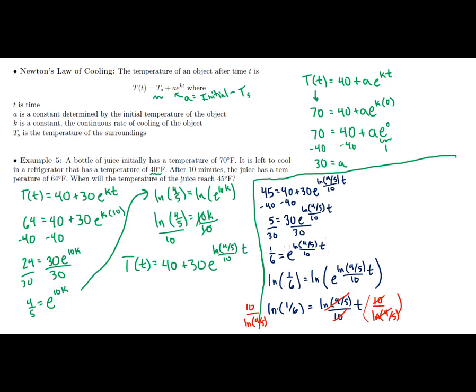So 10 times the natural log of 1/6 divided by the natural log of 4/5 is the solution we're looking for. And so what we get there is that t is approximately 98.3 minutes.